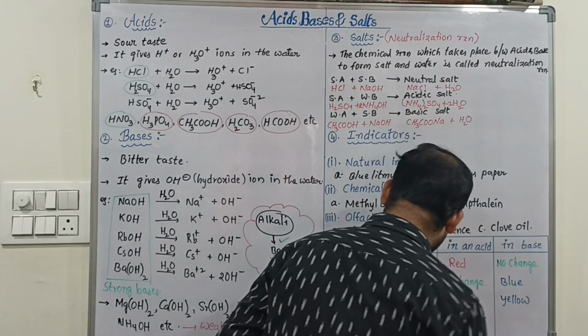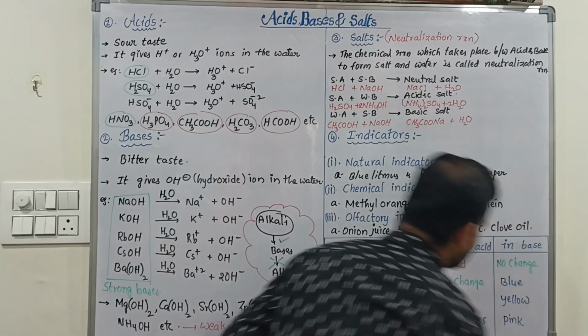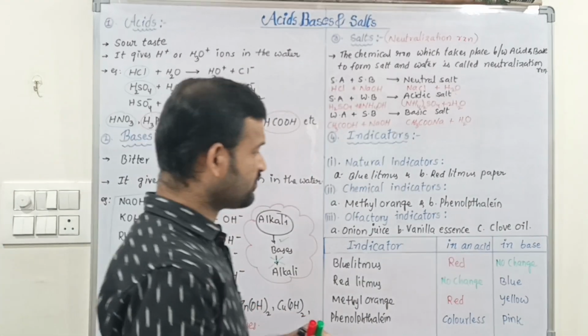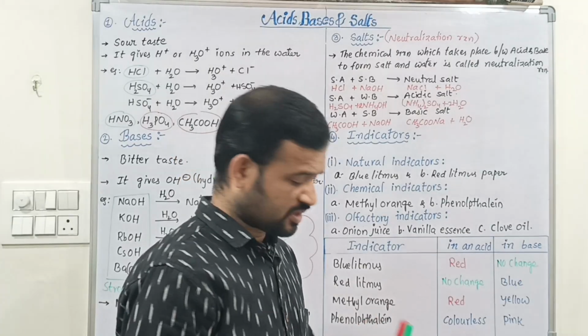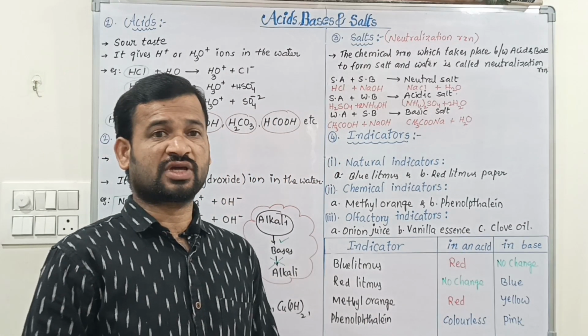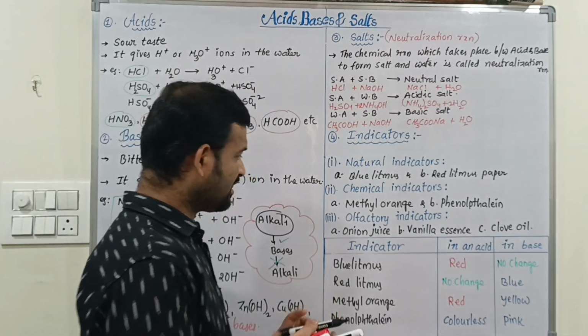With base, it is pink color. This table is very, very, very important. A compulsory 2 or 4 marks question will come in the examination. Understand? So we should learn this table.